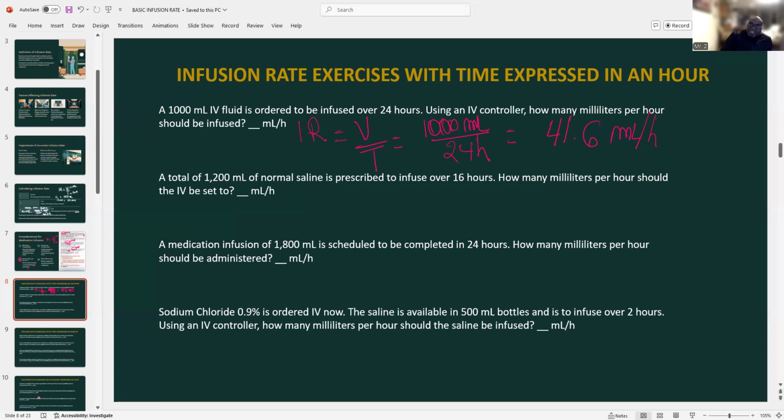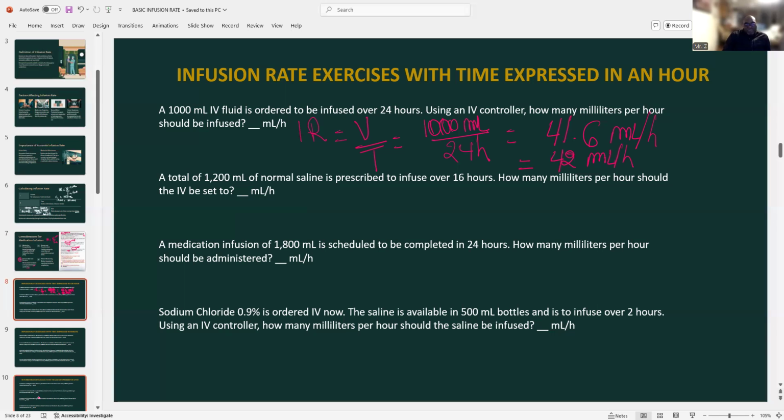If that number is a 5 or more, we move the number right in front of the decimal point to the next one. The whole number is the number before the decimal point. So if the number after the decimal point is 4 or less, we're going to leave that as 41. But this right here, we're going to round to 42 milliliter per hour.